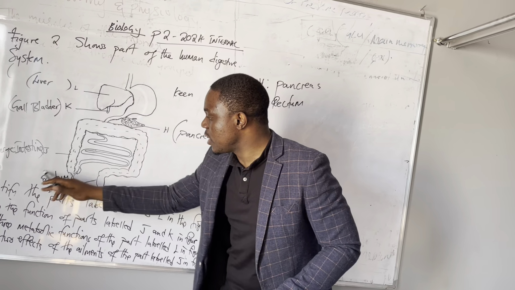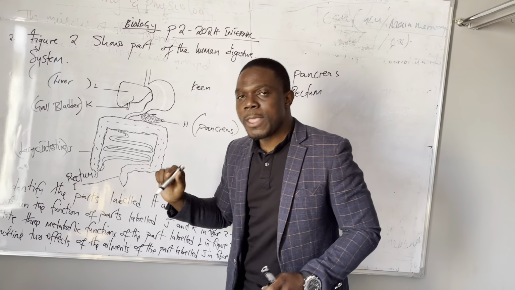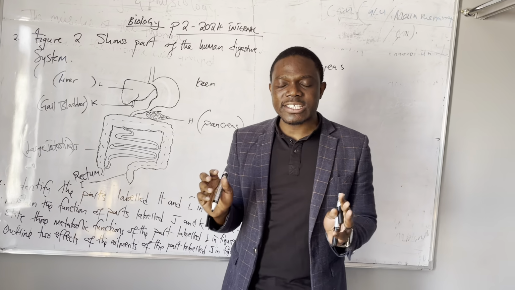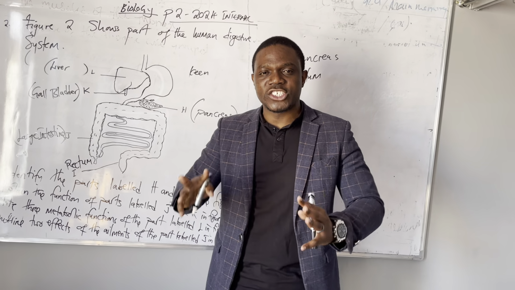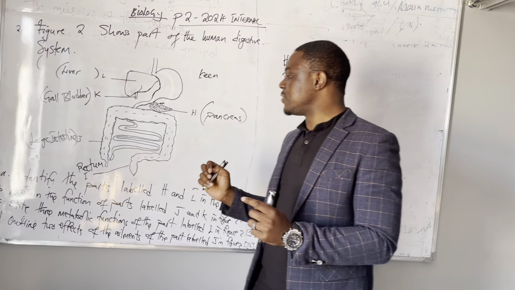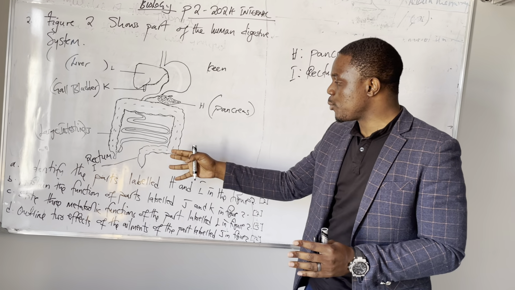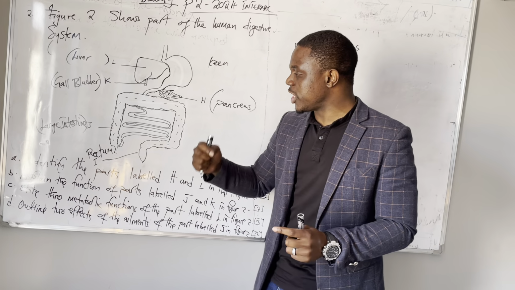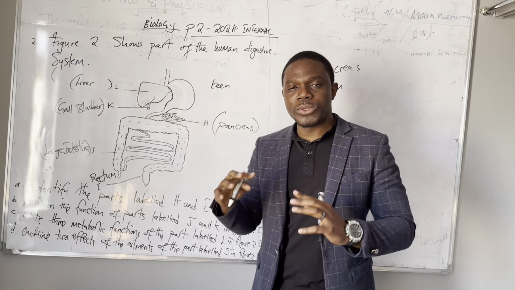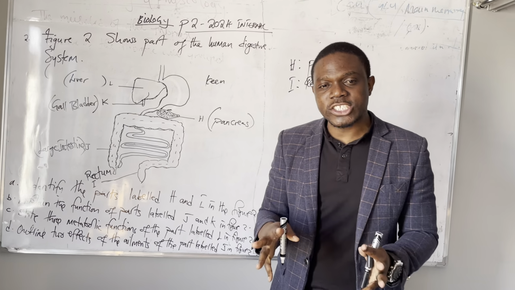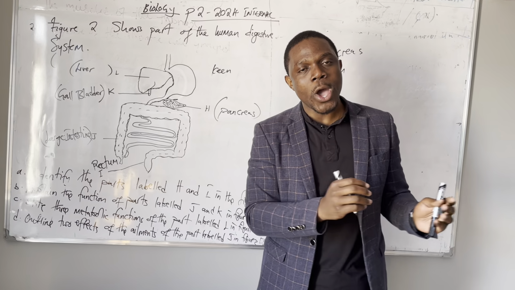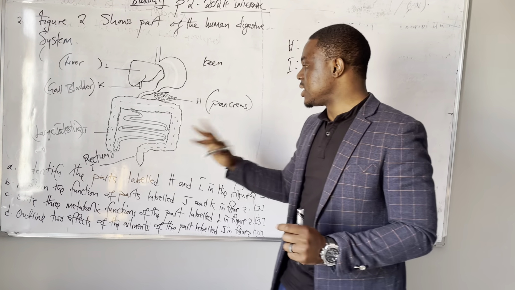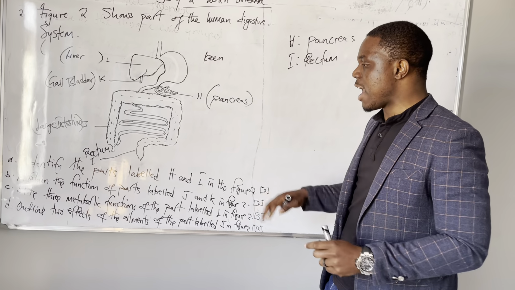The rectum is the last part of the alimentary canal, the last part of the large intestine. What is the main function of this rectum? Number one, it is the temporary storage for stool before exit.